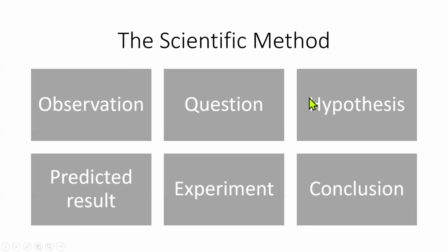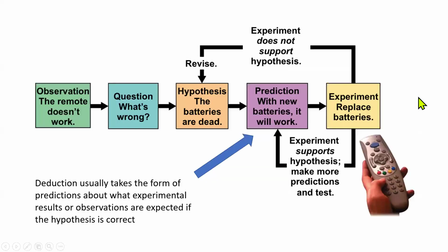Let's start with something that you probably can relate to. Let's say you go home after a long day of school or work, and you want to watch some TV. You pick up the remote, you press it, nothing happens. That's our observation: the remote doesn't work. The logical question to ask next is, what's wrong? What is the problem here?